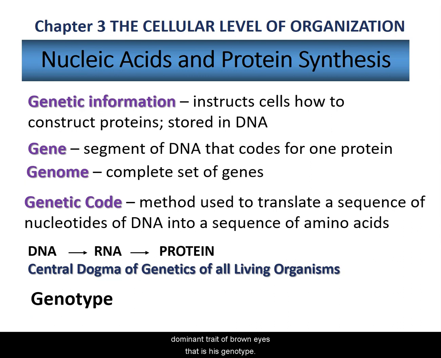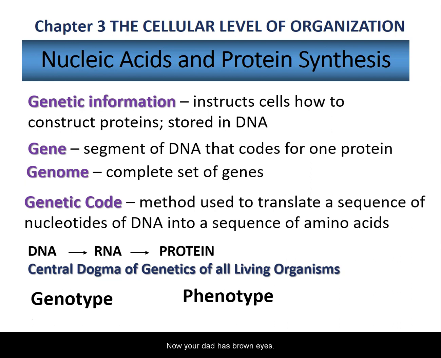That is his genotype. Your genotype would be two recessive traits for blue eyes. Your mother's genotype would be two recessive traits for blue eyes. Now, the phenotype. This term means the appearance of that trait.